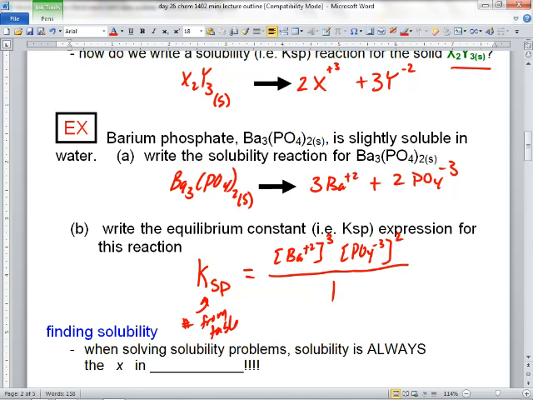ICE. The X in ICE. That's all we're after, the X in ICE. We'll have our answer. Let's pretend, Genevieve, that the question is find the solubility of barium phosphate. Okay? And so we have to get the X in ICE.